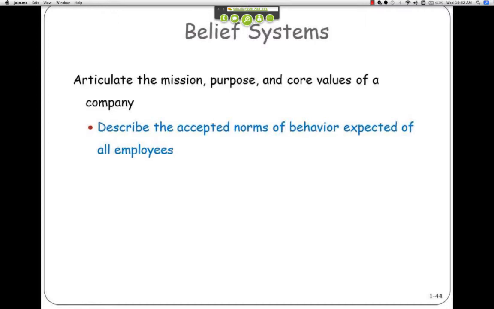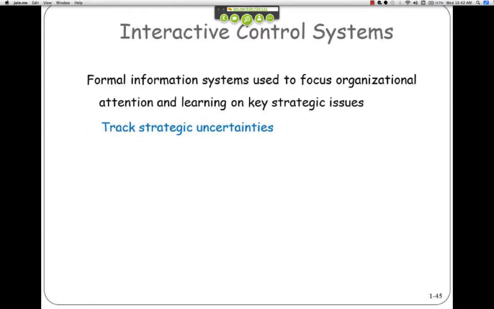Belief systems are very similar to boundary systems. And interactive control systems are just tools that you use to track how well you're doing on your strategic issues.